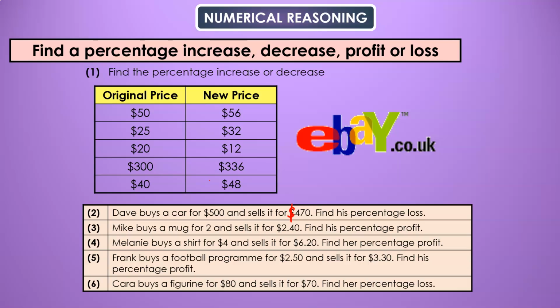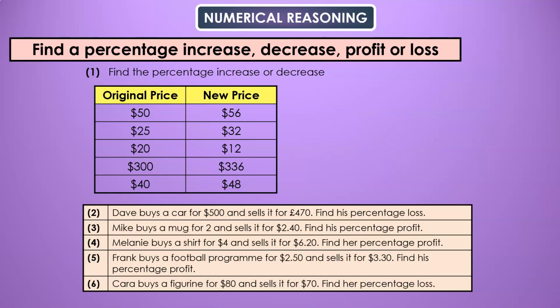Okay, well done for giving that a go. Let's take a look at some answers. The first one was an increase of 12%. Going from 50 to 56, we go 56 take away 50 gives me 6, so it's increased by 6. 6 divided by the original price, which is 50, times 100 gives me 12.